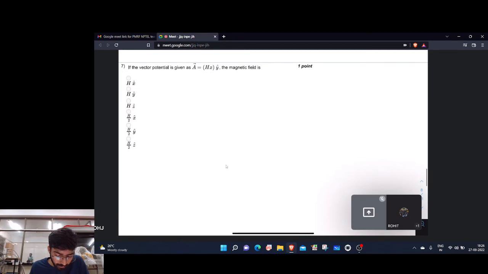Next: if the vector potential is given as A equal to Hx times y, A is nothing but the magnetic vector potential. We know that the magnetic field is related to A by del cross A. The cross product can be simplified very easily: determinant of i, j, k; del by del x, del by del y, del by del z; and A components 0, Hx, 0.